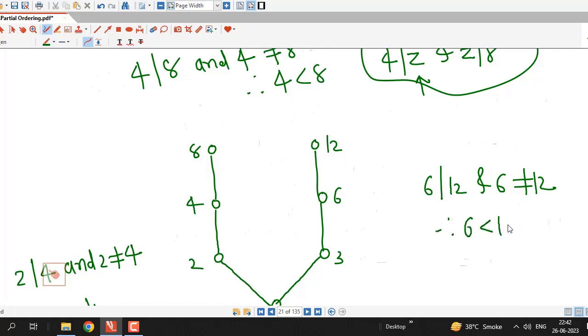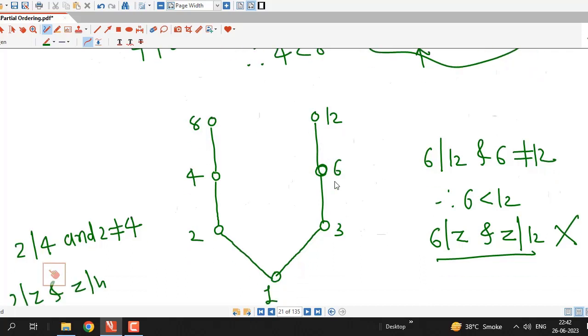Therefore 6 is less than 12. Therefore the circle for 6 is drawn below the circle for 12, and there is no element z in the given set such that this happens. So this is not correct. Therefore 12 covers 6, and therefore a line is drawn between 6 and 12.